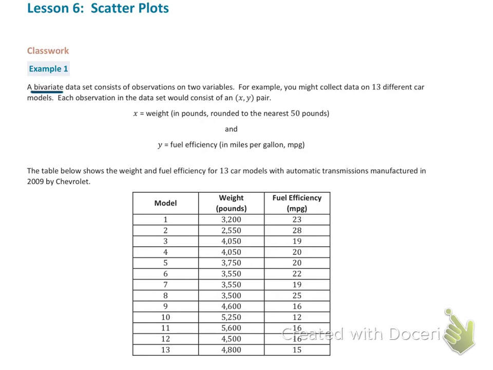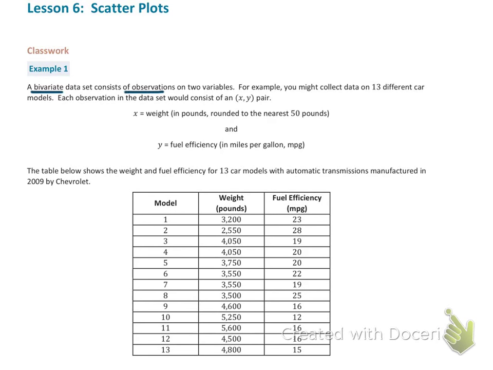Looking at the roots of the word, you definitely see the root for variable in there, and you know that the root bi from bicycle means two, so bivariate means two variables. So this is a data set with two variables, and it consists of observations on two variables.